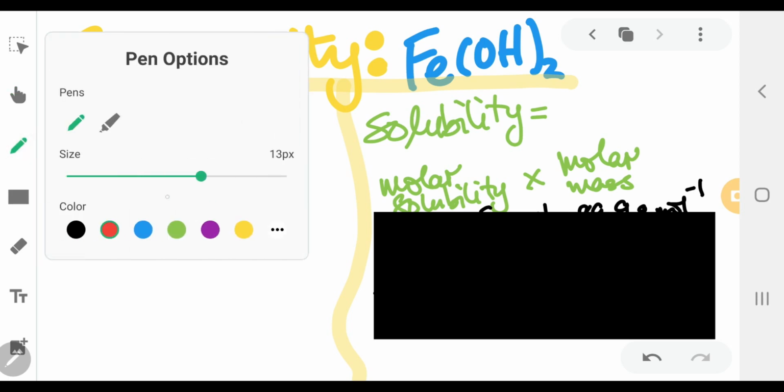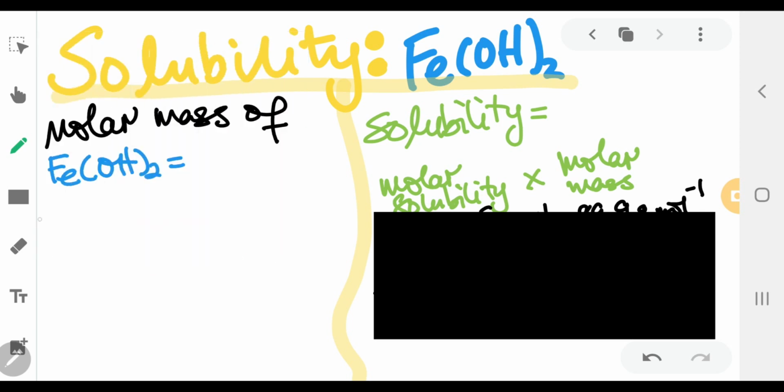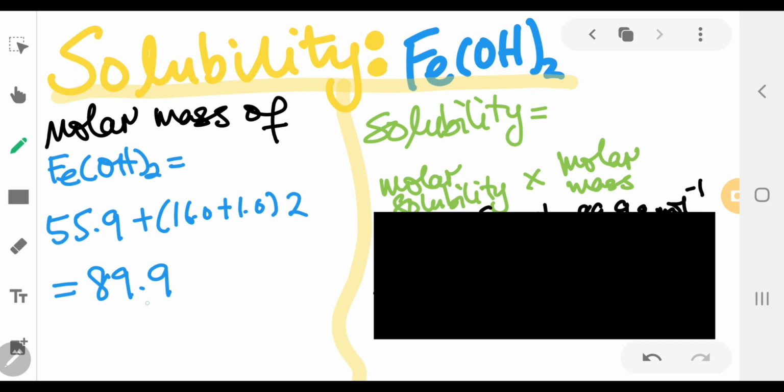So the molar mass is: iron is about 55.9. That is the molar mass for iron. And then plus 16 plus 1.0 times 2, you'd get the molar mass 89.9 gram per mole.